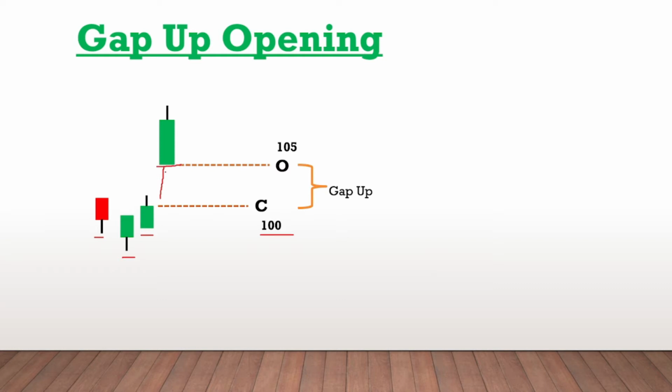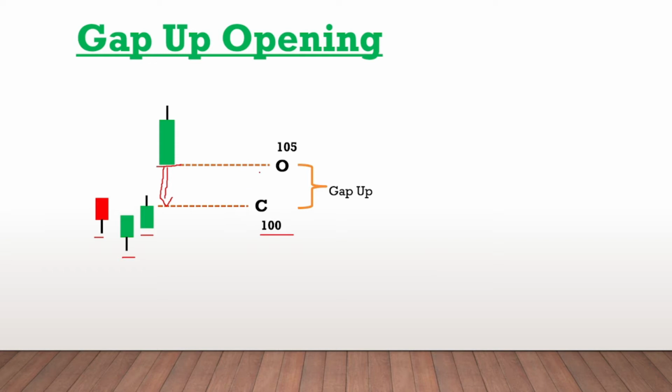So what makes the stock form this much gap and open at higher levels? Suppose after the market closes, a company announces its results. If the results are lucrative, the buyers are more interested in buying the stock even at higher levels.